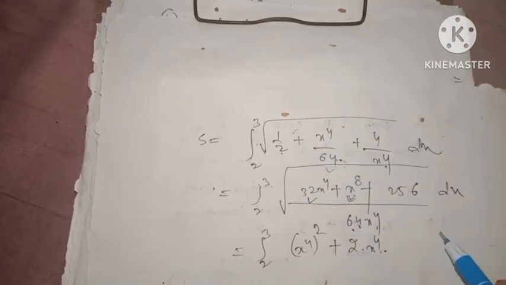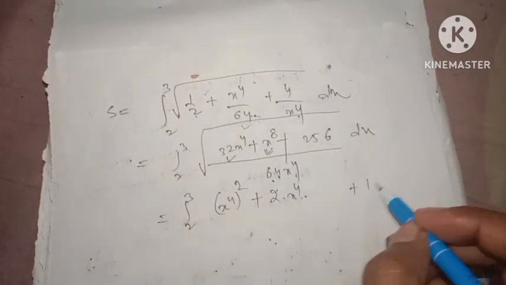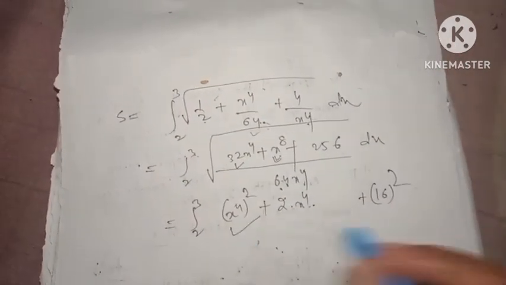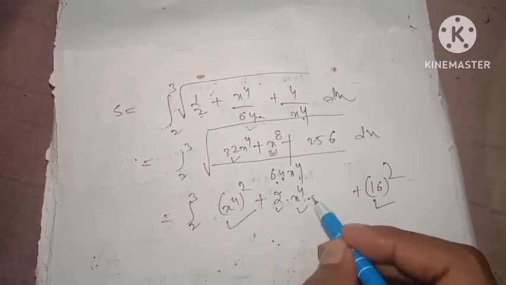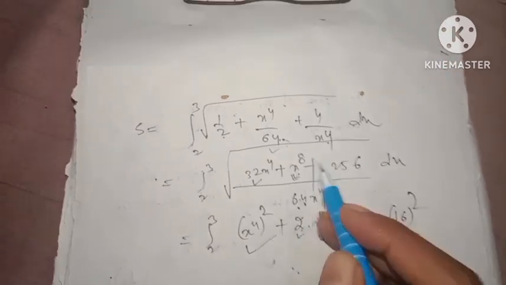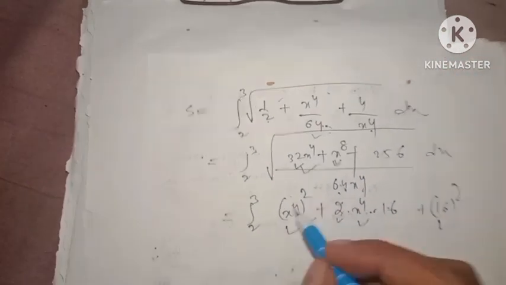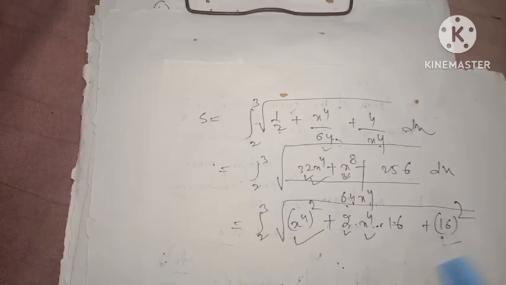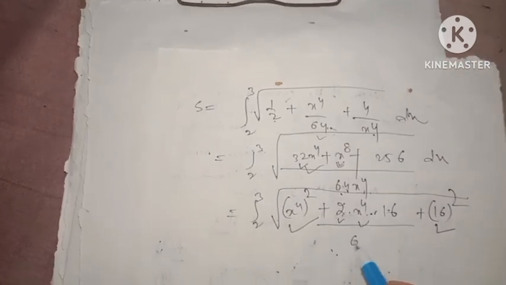So 16 square, suppose I write 256, 16 square. This is a, this is b, 2 into ab means 32 x square. This is the root over by 64 x square.